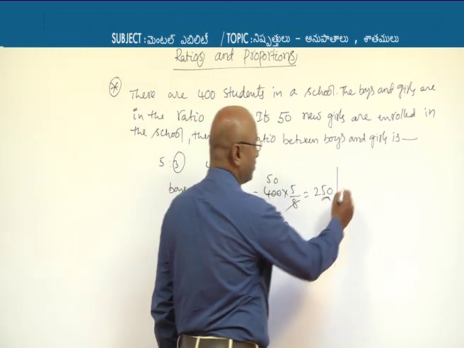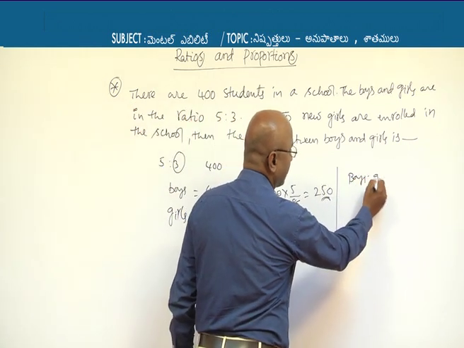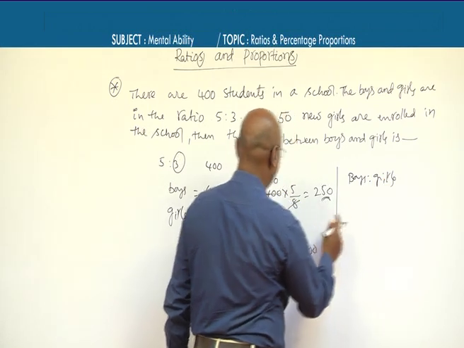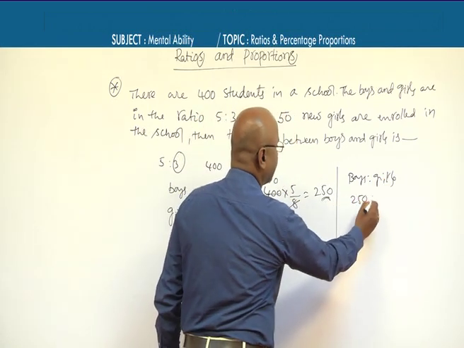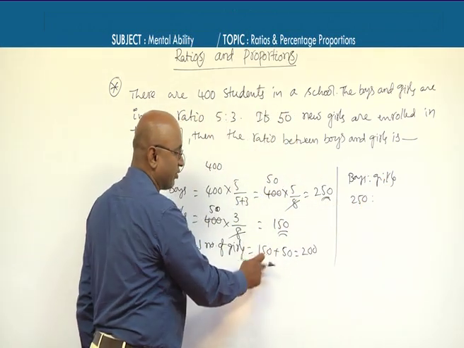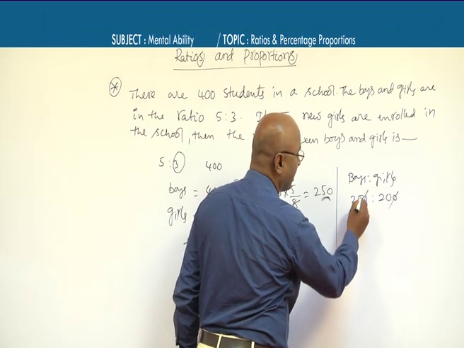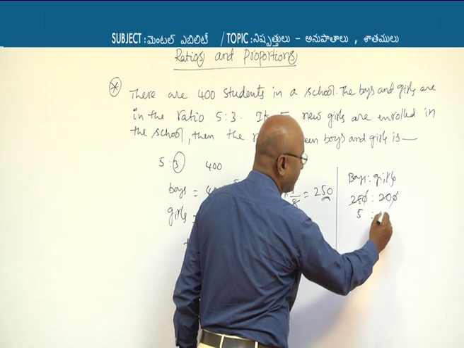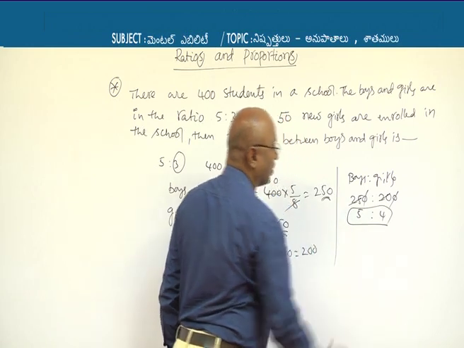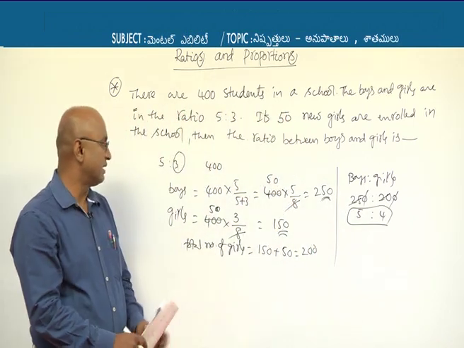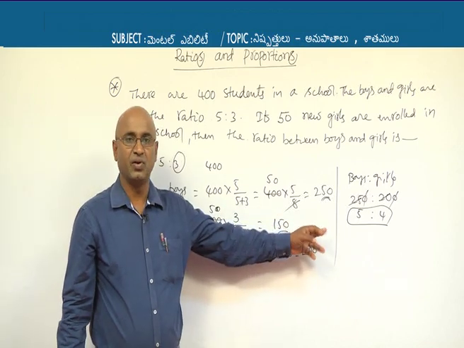That is equal to boys is to girls is equal to 250 is to, ఇంతకుముందు 150 ఉన్నవాళ్ళు ఇప్పుడు 200 అయ్యారు కాబట్టి 200. 5 5s are 25, 5 4s are 20. So the new ratio of the boys and girls is 5:4.